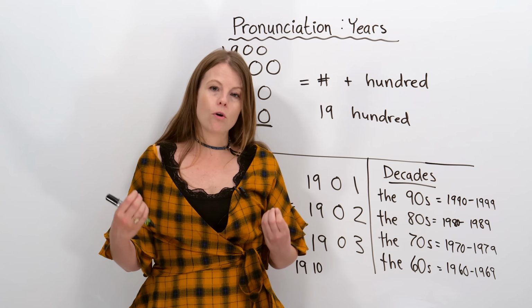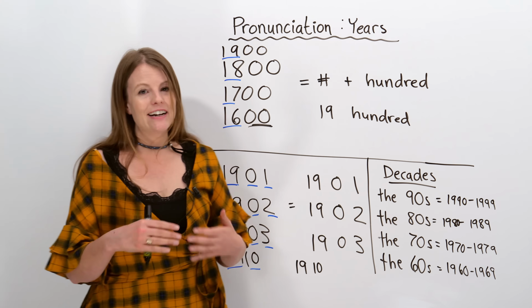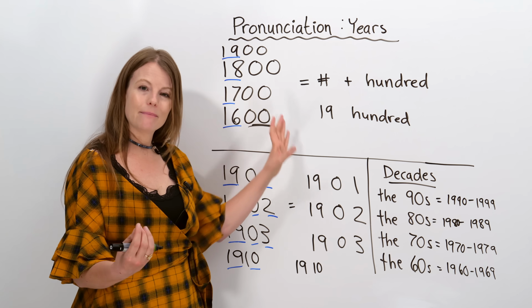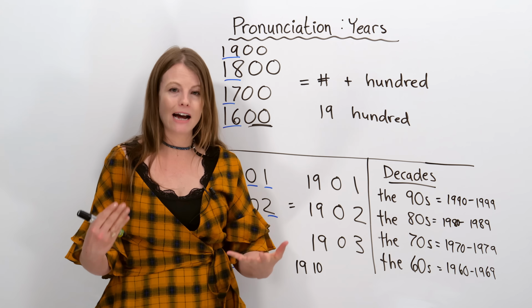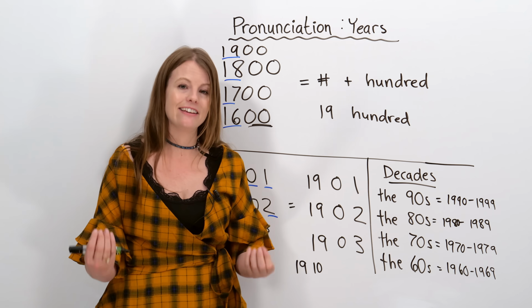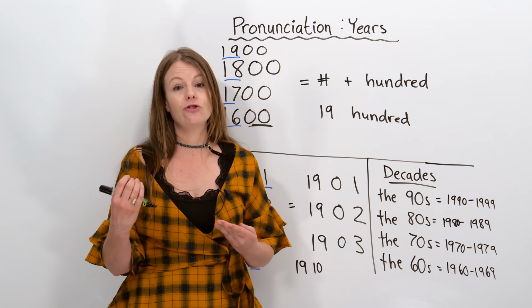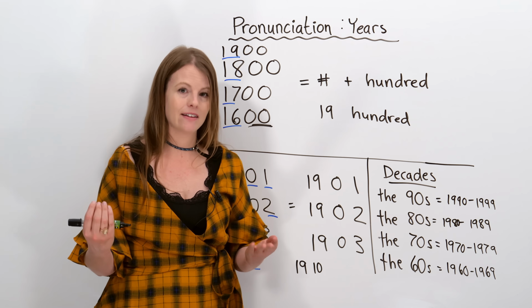Those might be more important years to remember. If you're not interested in history, these words might not be as important. They're still important, but I would focus my time on the years that are the most meaningful and important to your own life, because those are the years you're likely to say.